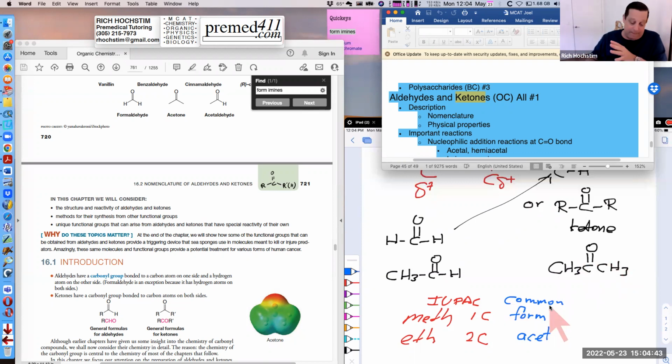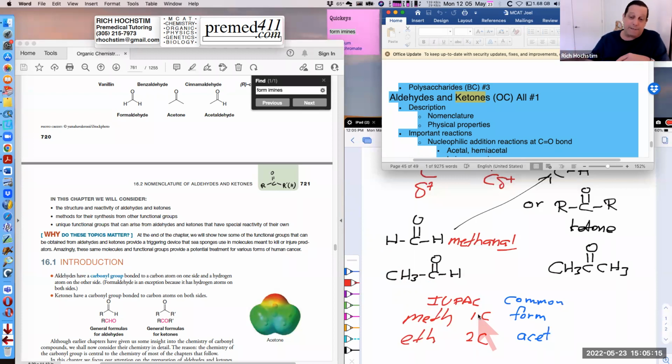So if we name this molecule right over here in the IUPAC system, it's going to be one carbon and it's going to end in al. So this is going to be methanal. That means a one carbon aldehyde. And that al is the IUPAC system way of telling you it's an aldehyde.